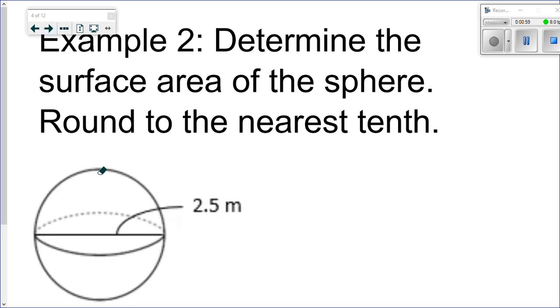Or the ever so slightly harder. I gave you a diameter. Not a diameter, anything but a diameter.